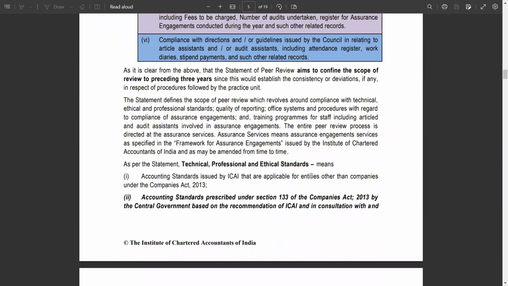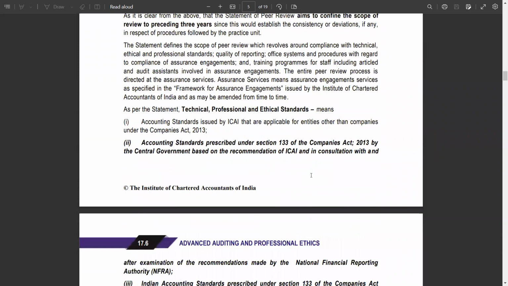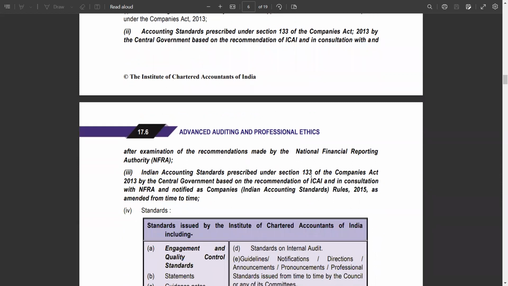You can simply say accounting standards issued by ICAI, as mentioned in section 133 of the Companies Act 2013, issued by the central government on the recommendation of ICAI in consultation with FRA, and Indian accounting standards prescribed under section 133 of the Companies Act by the central government on the recommendations of ICAI in consultation with FRA.